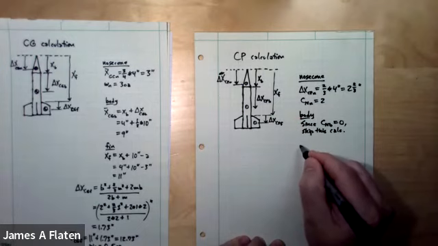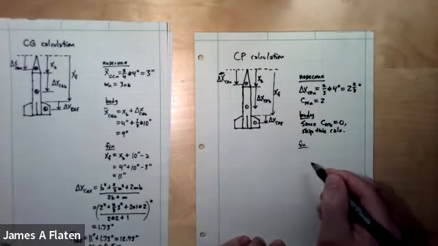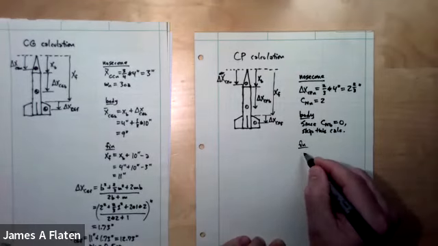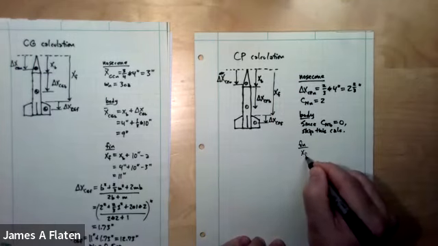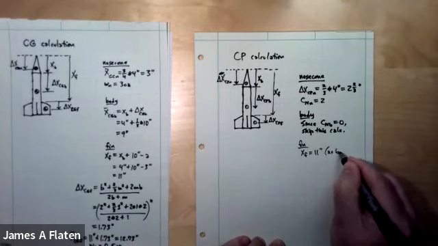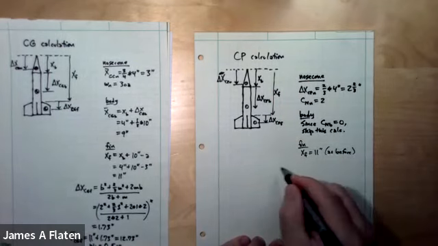Okay, so here we go. One fin. I'm interested in how far is it to the fin? And the answer is, we already figured that out, XF. 11 inches, calculated before. And now I have to calculate this piece.